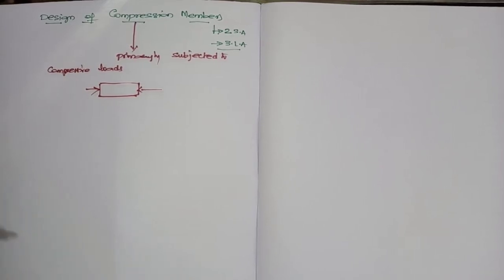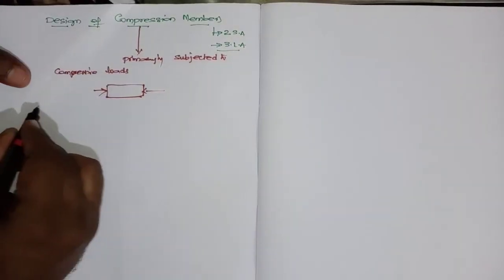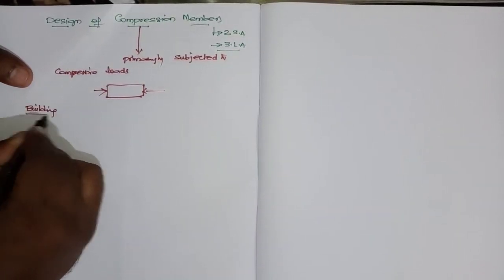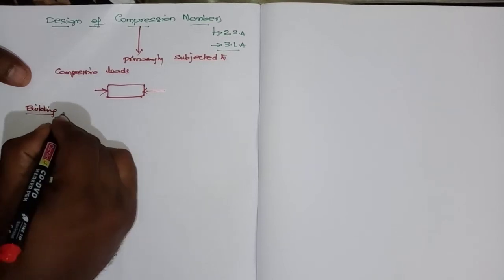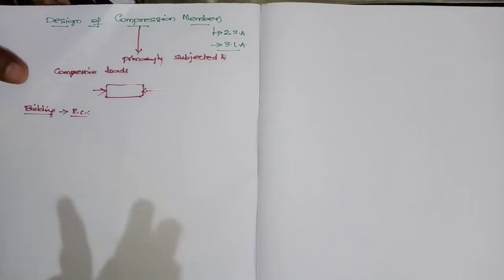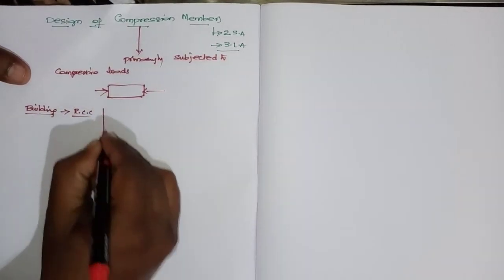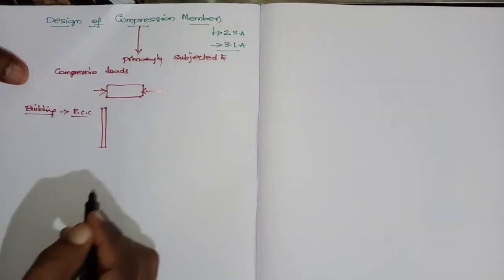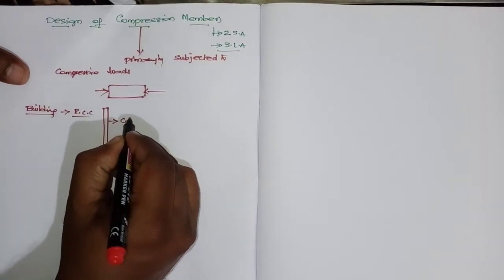What are the best examples we know of compression members? If I take a building, whether it is an RCC building or a steel building, the vertical member is nothing but a column.